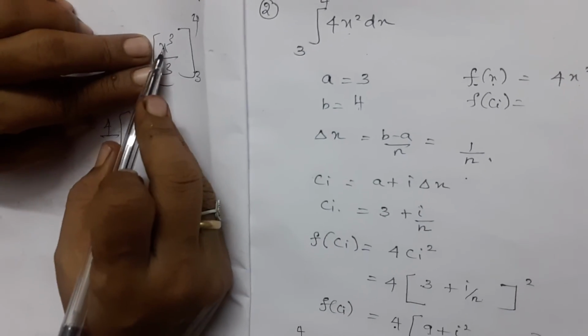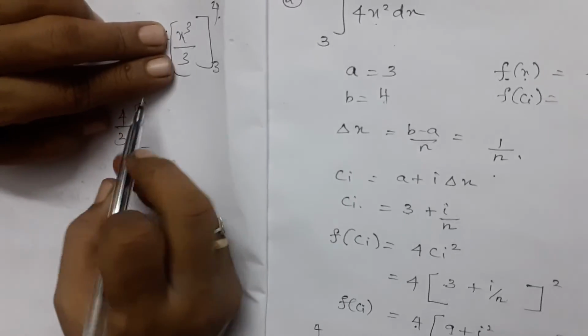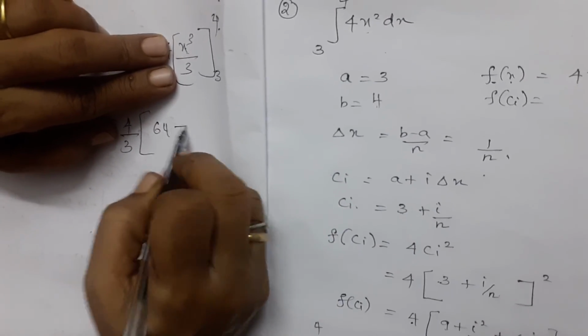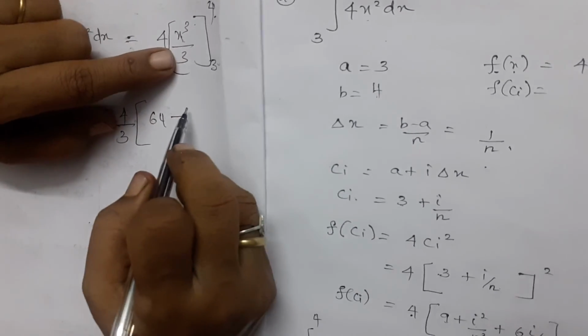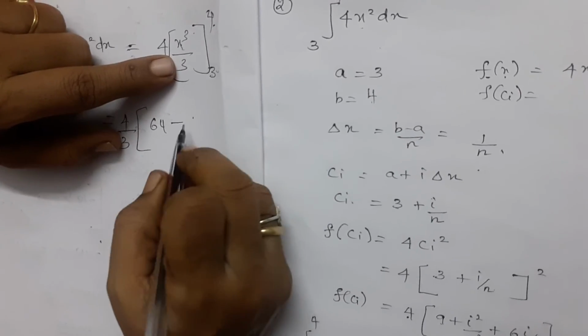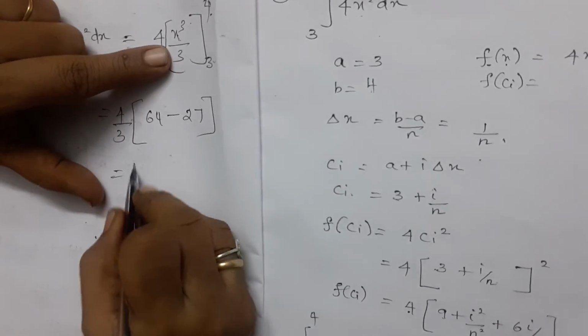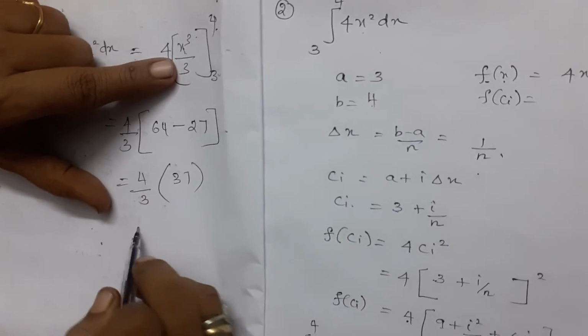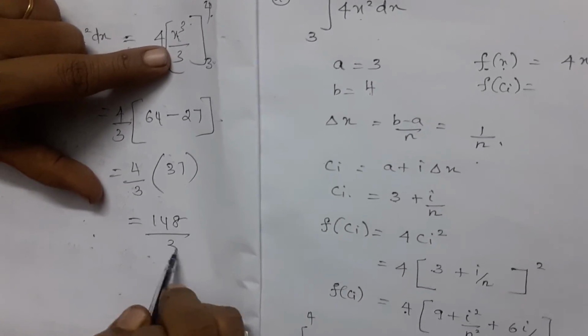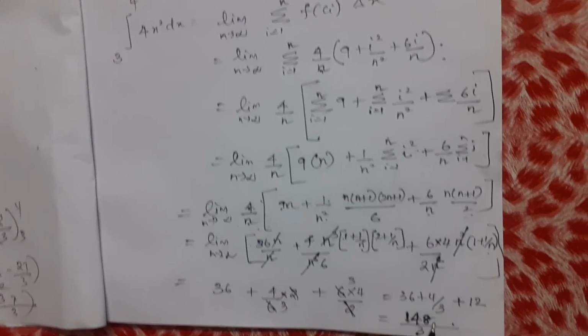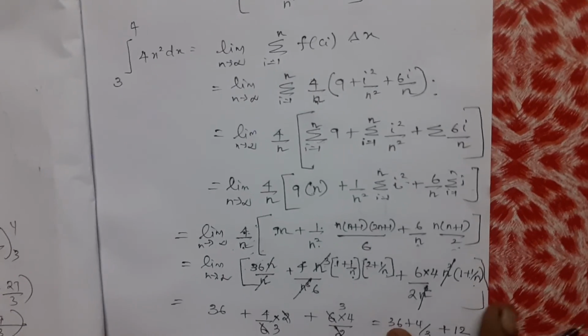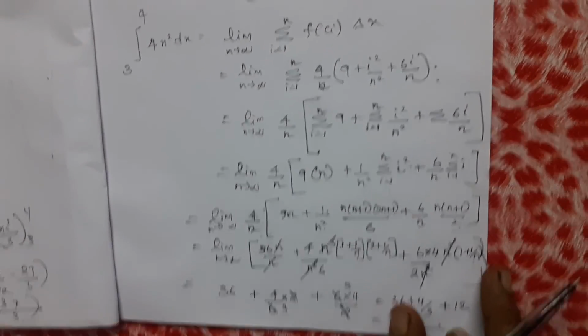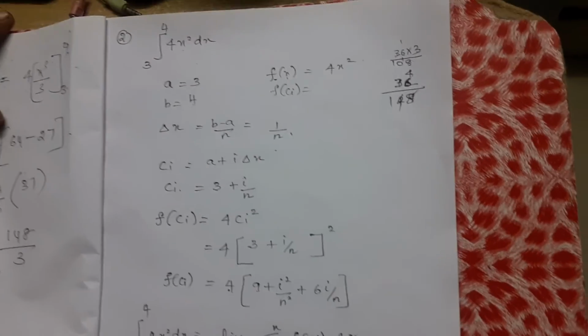Upper limit, when I substitute 4 for x, I get 64 minus 3 cube, that is 27. So which is 4 by 3 into 37. So this is nothing but 148 by 3. Thus we arrive at 148 by 3, using the limit definition for definite integral. Thank you.